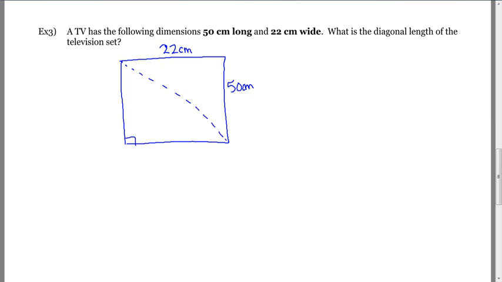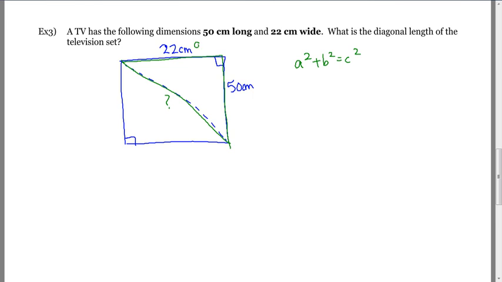And this is obviously a 90 degree, so we can apply Pythagorean's theorem. So let's plug in the formula. A squared plus b squared equals c squared. So we're going to use this triangle here. And we're trying to figure out what the diagonal is.